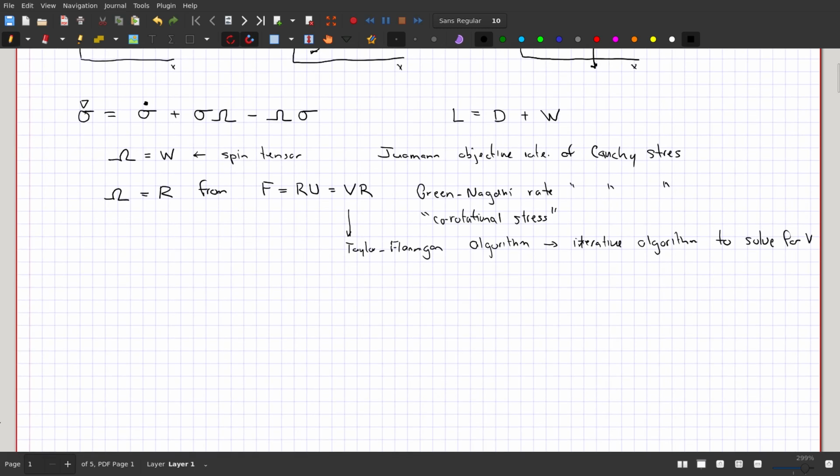Then finally, there's the Truesdell rate, which you arrive at by doing a pullback operation. So the Cauchy stress is in the current frame. You pull back to the reference frame, and work through the details, and then you get this Truesdell rate.